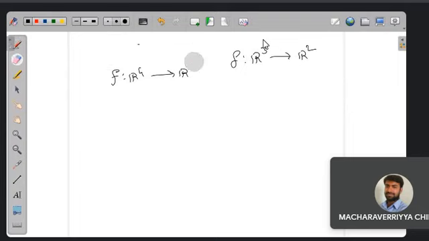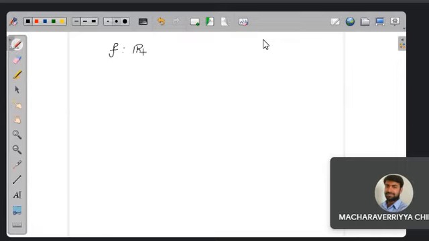Yeah, linear transformations we studied, but non-linear functions we didn't study, right? So now I'm taking a function f from, let's say, R2 to R2. Okay, and this is how it is defined: f of x comma y.